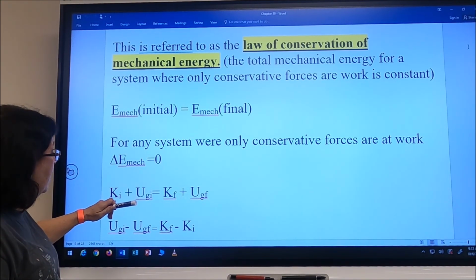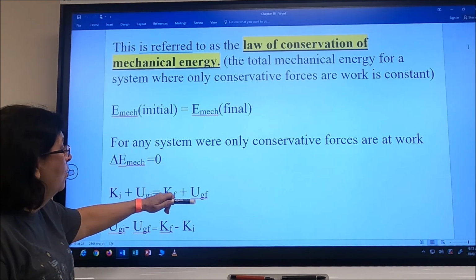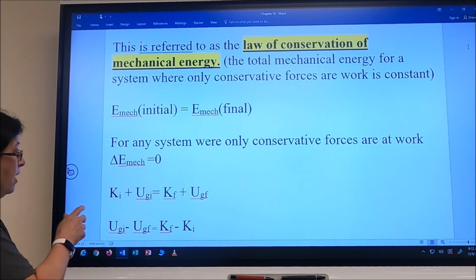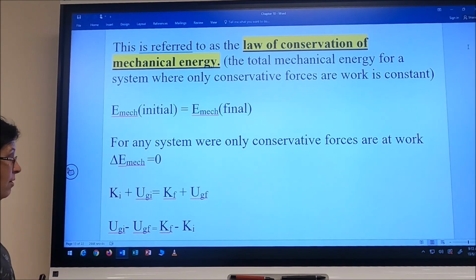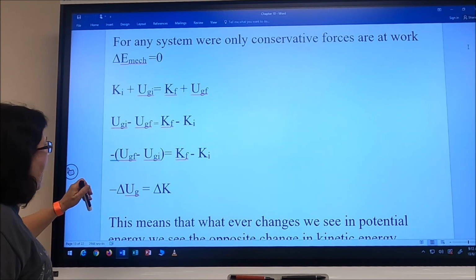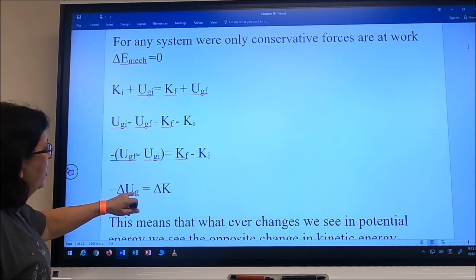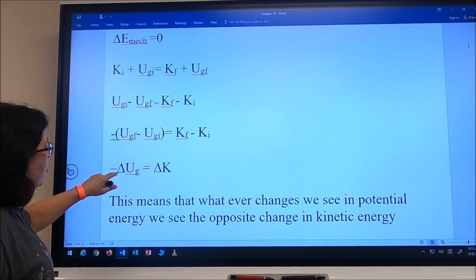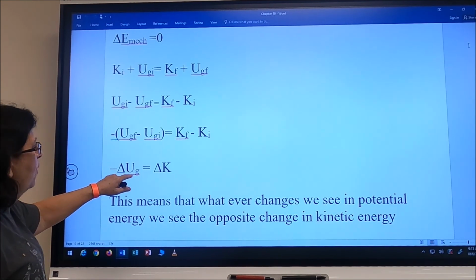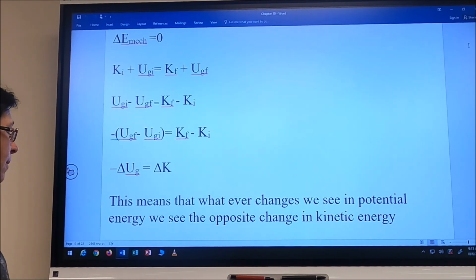So kinetic energy initially plus gravitational potential energy initially equals kinetic final plus gravitational final. If we start playing with it, just doing a little algebra, we can get down to the fact that the negative of the change in gravitational potential energy equals the change in kinetic energy.